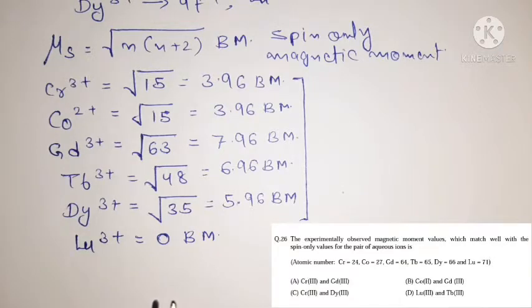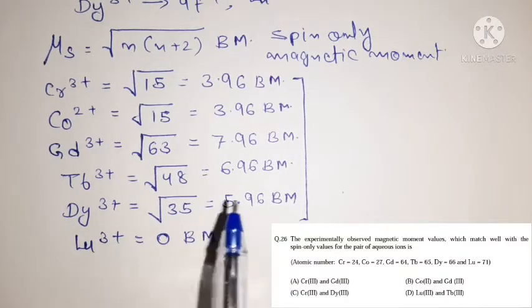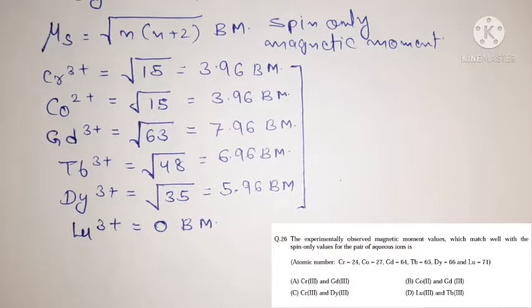When we add orbital angular momentum to the spin magnetic moment values, the experimentally observed magnetic moment values will be different. In case of d3 and f7 electronic configuration, there is no contribution of orbital angular momentum in magnetic moments. Remember friends, this is a very important concept.